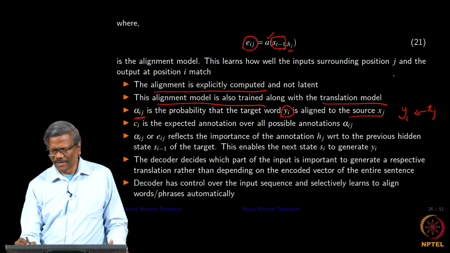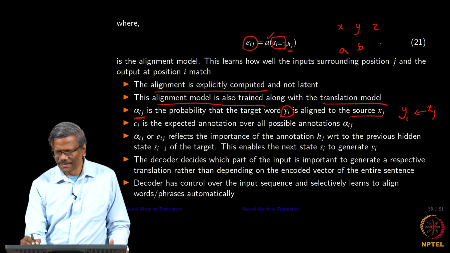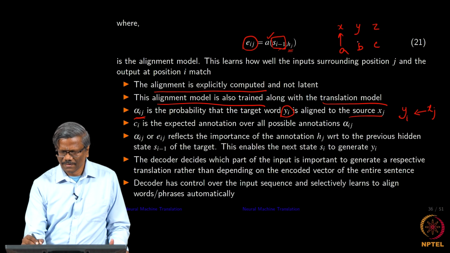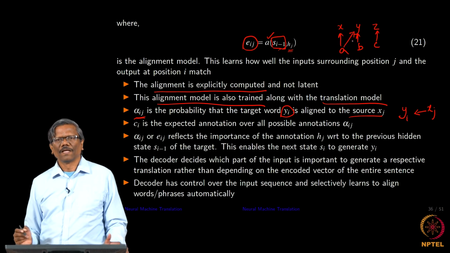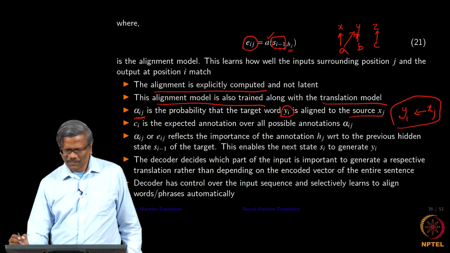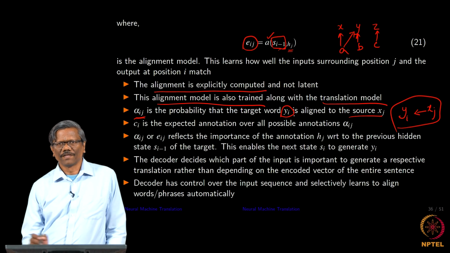You remember the alignment we used to have, x, y, z, a, b, c, right. So, alpha ij is the probability that the target word yi is aligned with the source xj.